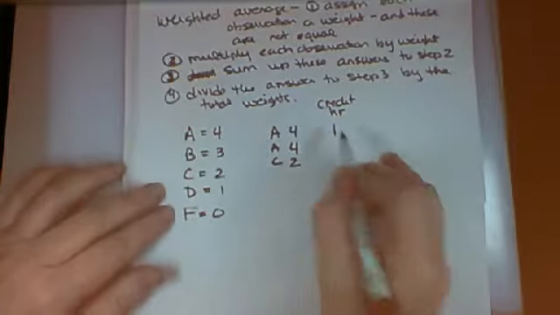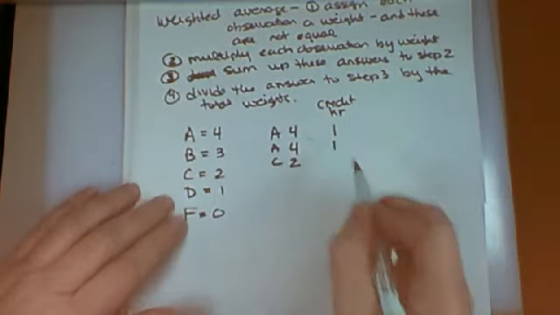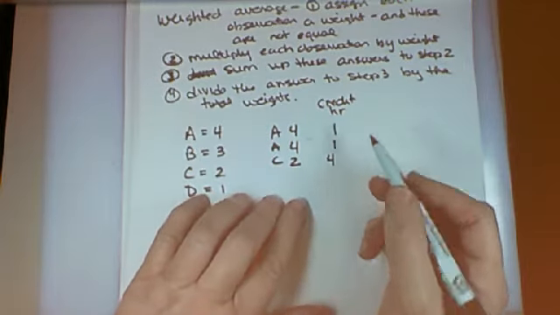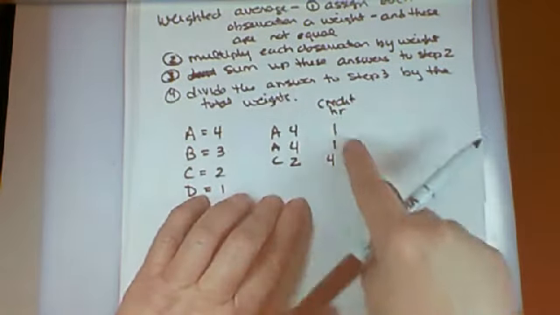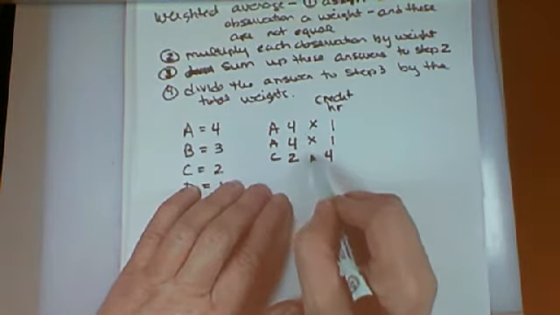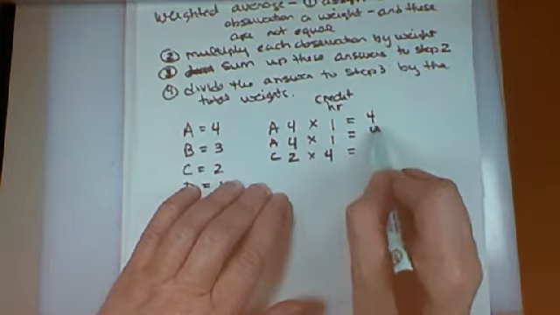That's a 1 credit class. The second A is in PED 101 Golf. That's a 1 credit class. The C is in Biology with a Lab. 4. Okay? So, step 1, I assign each observation a weight. Step 2 is to multiply each observation by the weight. So, 4, 4, and 8.